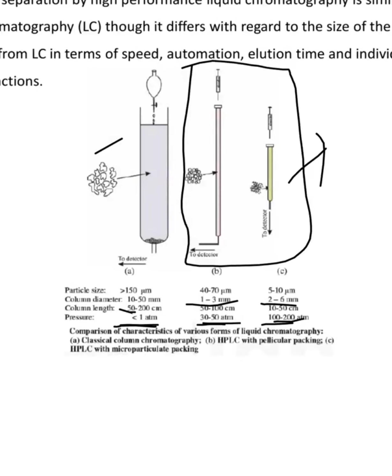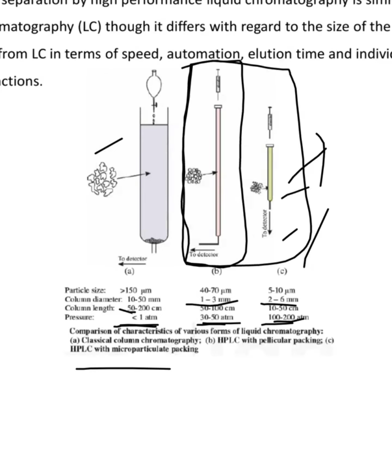so HPLC with microparticle packing is used in column C, and HPLC with particulate packing is in column B. This is the difference between normal chromatography and the HPLC technique.